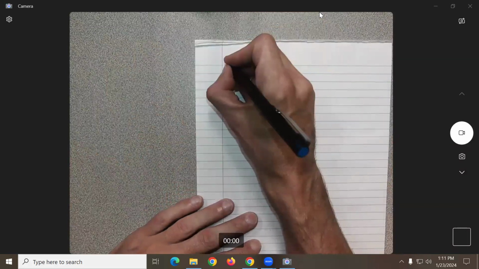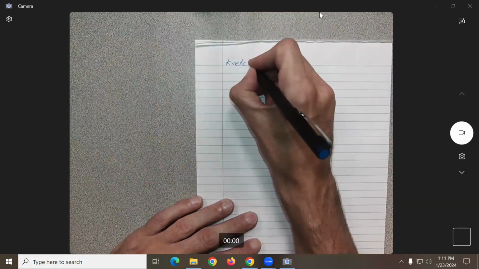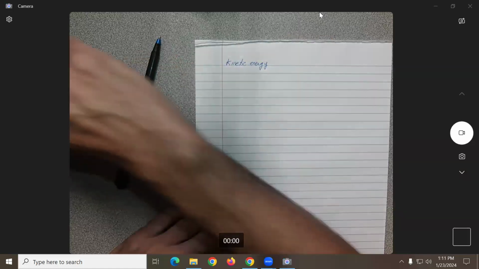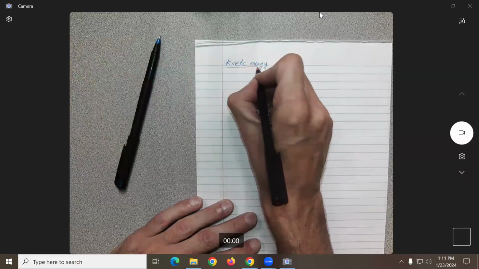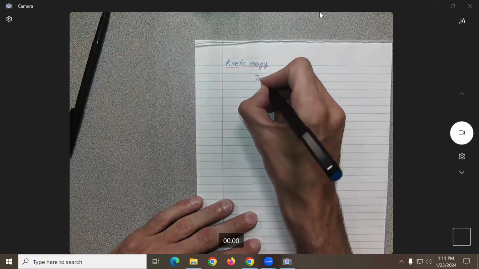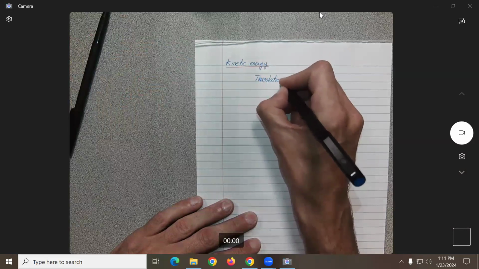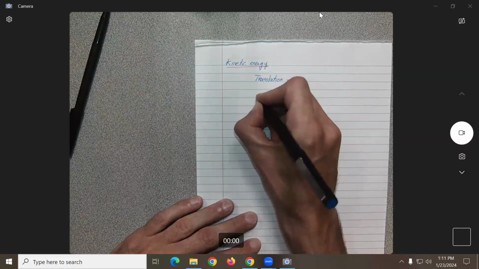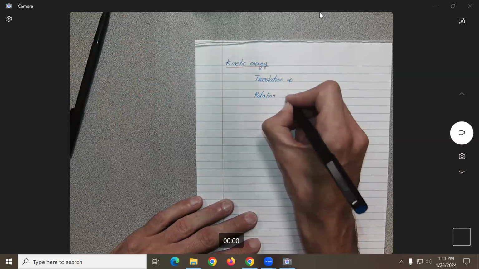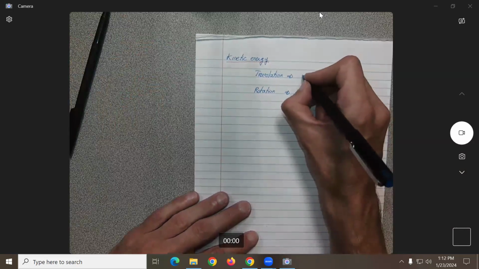All right, so let's look at kinetic energy just for a second. If something is moving in translation, what is the expression for the kinetic energy?